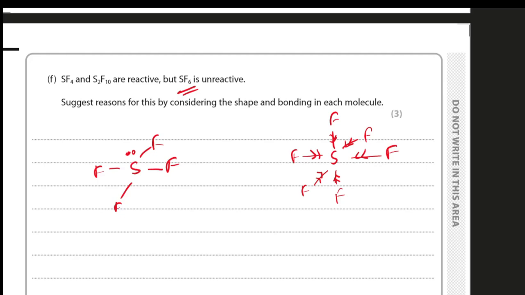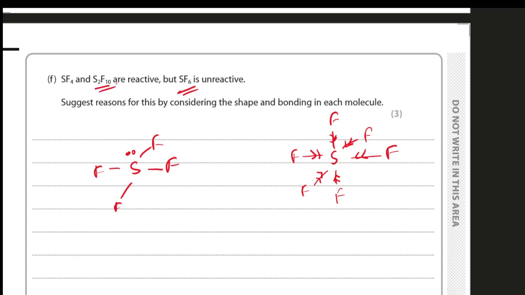Due to the presence of the lone pair of electrons, the sulfur becomes more reactive, as opposed to the one present in SF6. So that's one reason why we can say that SF4 is more reactive than SF6.